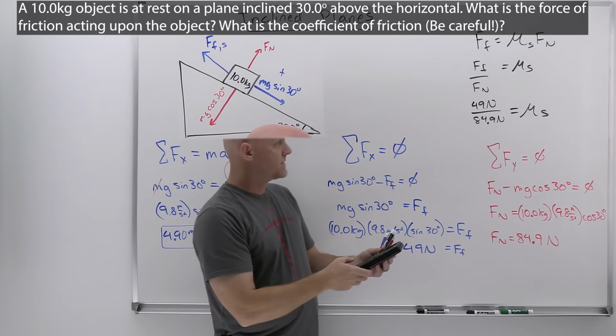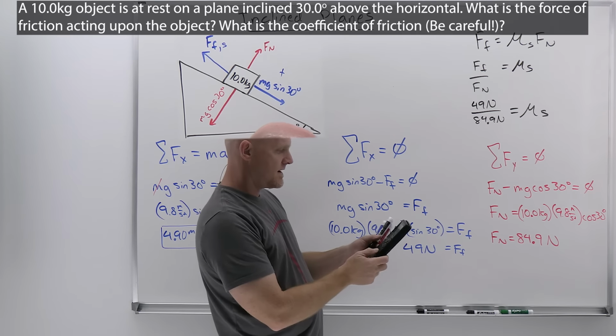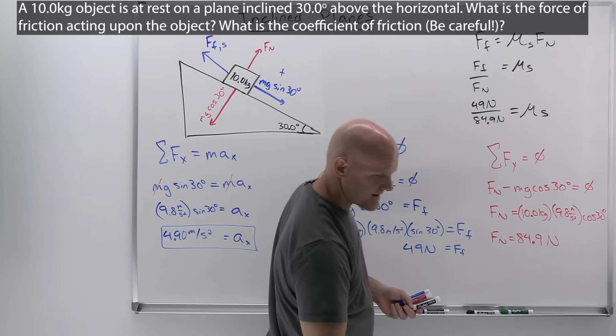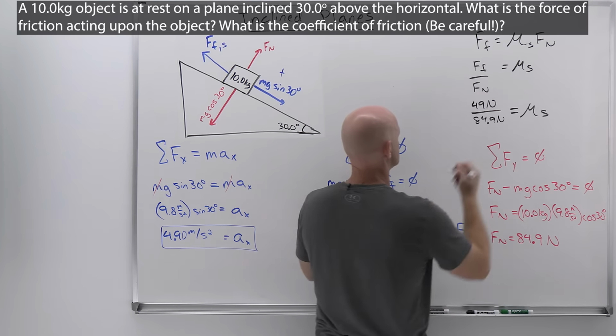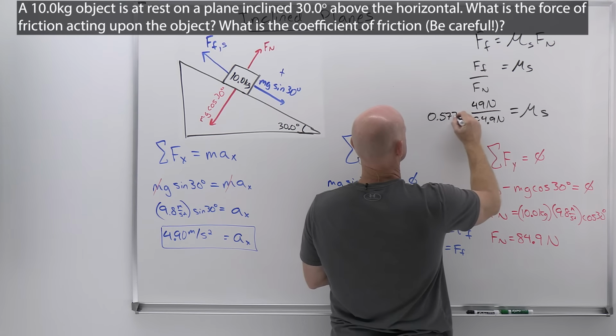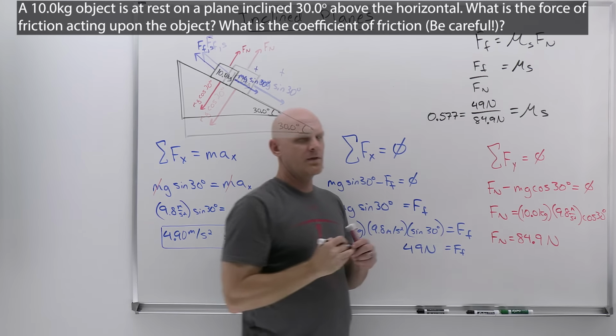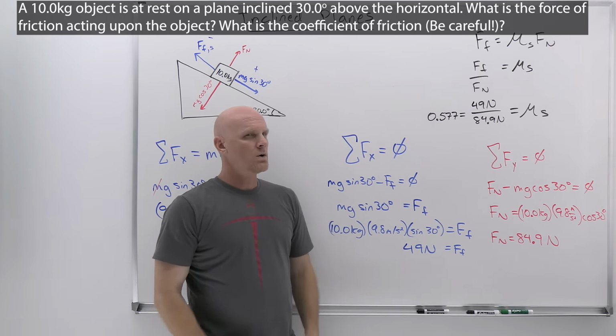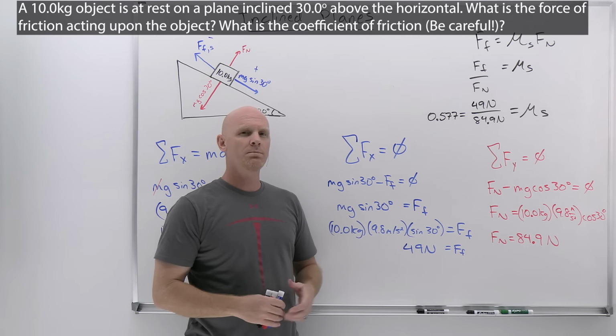We'll get that ratio. So in this case, 49 divided by that last answer is 0.577. Okay, now the question asks, what is it equal to? And there we go.